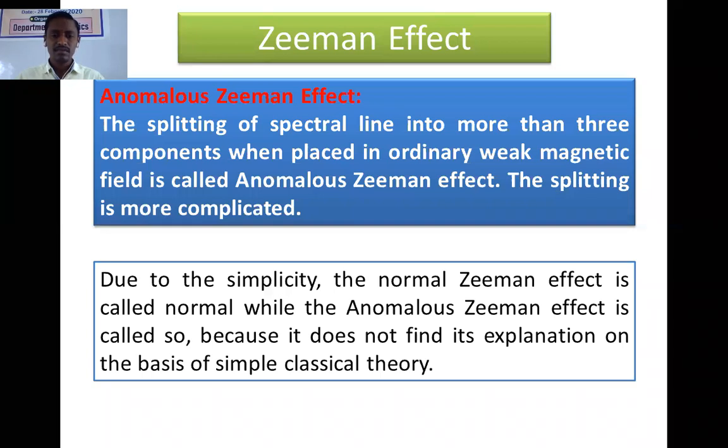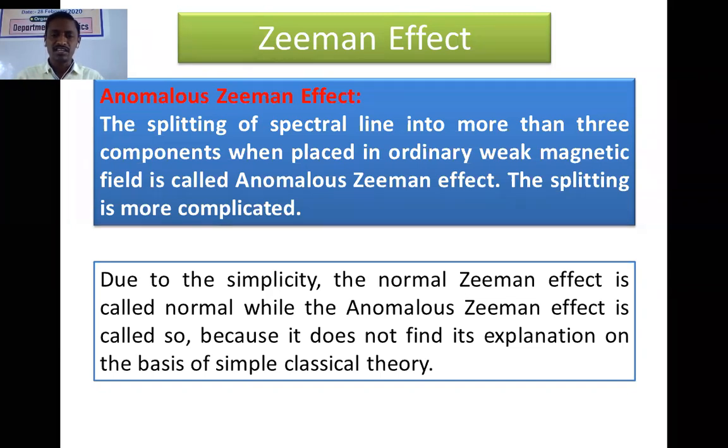But among the two effects, the anomalous Zeeman effect is generally observed, while the normal Zeeman effect is rare, because for its existence we require a very strong magnetic field.